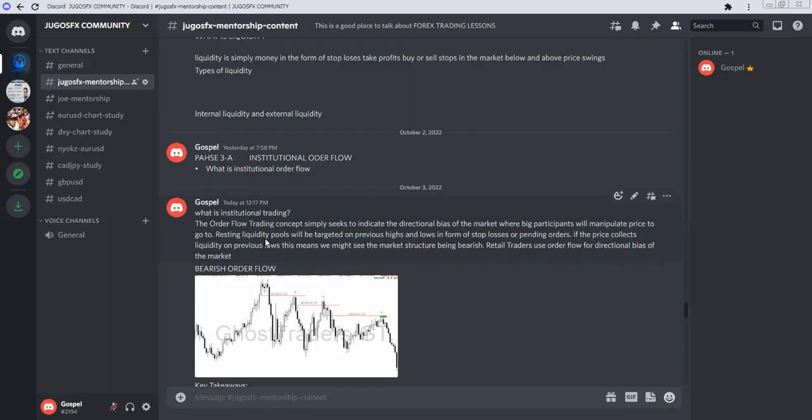Remember, I said if they want to sell, they'll manipulate price down. The term manipulate is to tell you that if they want to sell, they will need people to buy from them, and to get people to buy from them, they have to manipulate those people to buy so that they can start pushing price down.